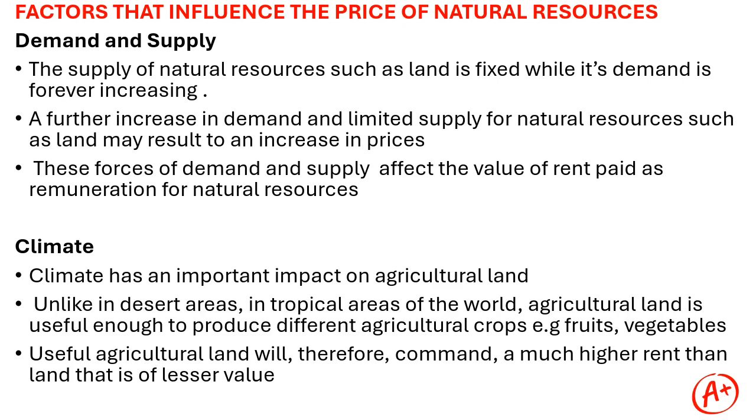Guys, the second part: you know that we have tropical areas and we have desert areas. Desert areas, you can talk about Saudi Arabia or Egypt, which is just a lot of sand, while tropical is more of a normal land that has crops, trees, and so forth. So, unlike in desert areas, in tropical areas of the world, agricultural land is useful enough to produce different agricultural crops.